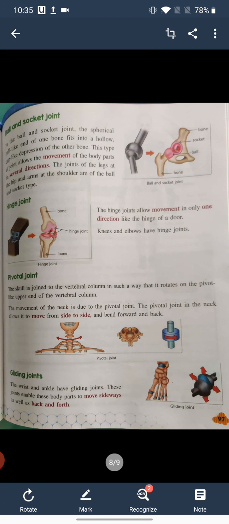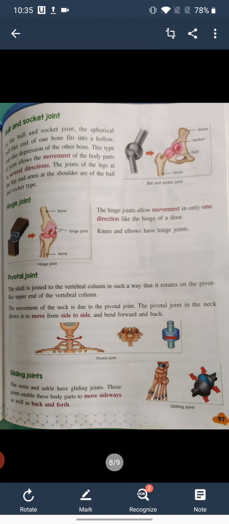Freely movable joints move freely, and partially movable joints allow slight movement and flexibility. These joints provide support, and they are present in the backbone.